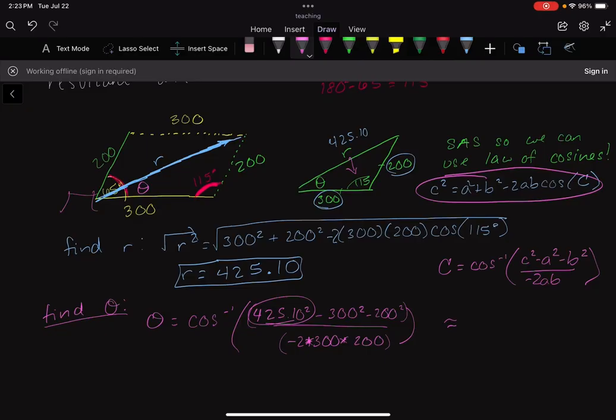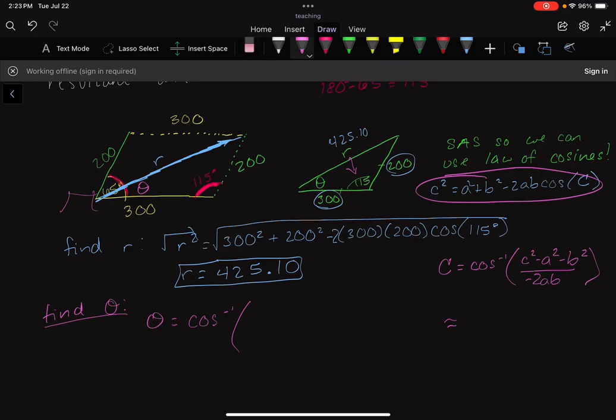So let me erase this. Let me fix what I've got going on in here. Okay, if I'm looking for theta, the C that I put in should be the side across from theta.